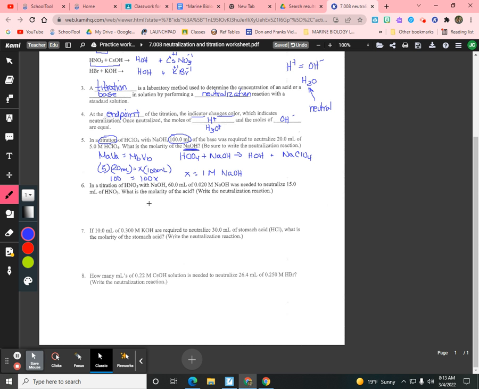All right, let me see. Can I go up on this page? No. In a titration of HNO3, that's my acid, nitric acid, and sodium hydroxide, 60 milliliters of 0.2 molar NaOH. So these are my bases. Okay? It said titration, so I'm going to write my formula down.